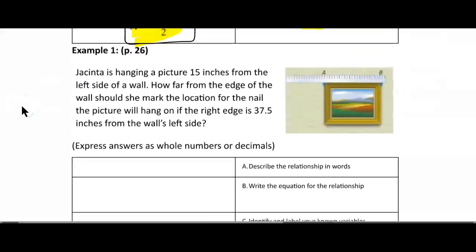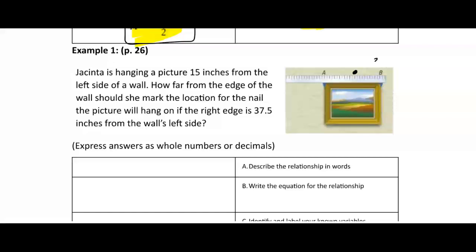All right, we're going to look at our first example from page 26 in the textbook. Jacinta is hanging a picture 15 inches from the left side of the wall. How far from the edge of the wall should she mark the location for the nail the picture will hang on? So we want a nail somewhere here. If the right edge is 37.5 inches from the wall's left side.